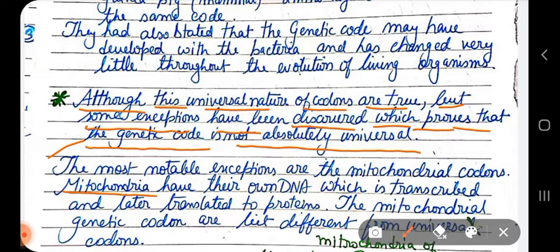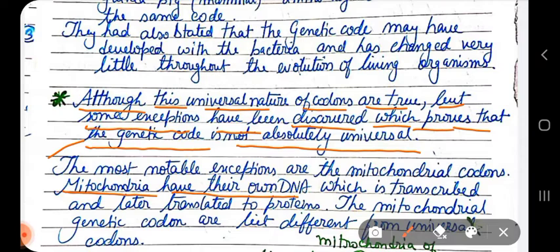Mitochondria have their own DNA, and on the basis of evolution, we know that mitochondria was actually a symbiotic bacterium which, due to some cause, entered our cells and became associated with the cell. From that time onward it became a part of our cell.